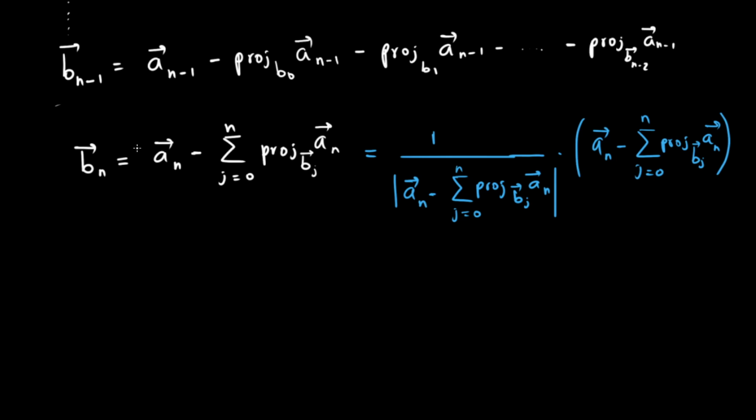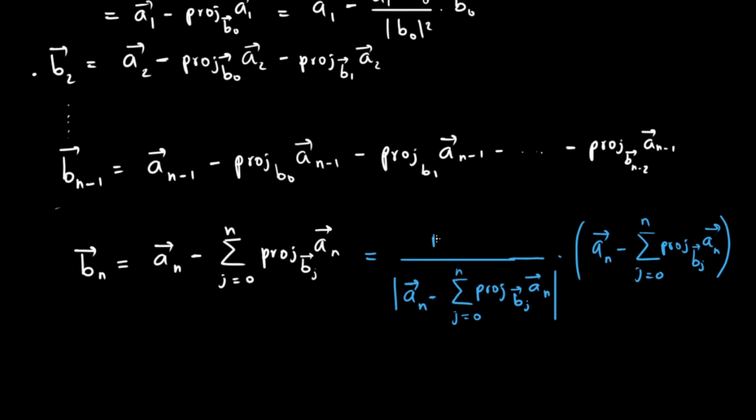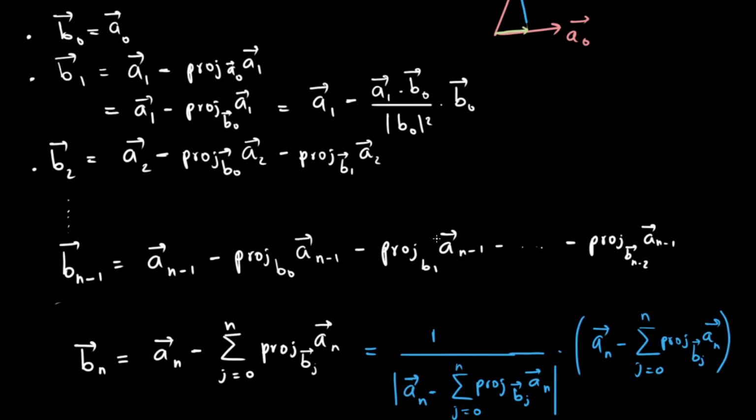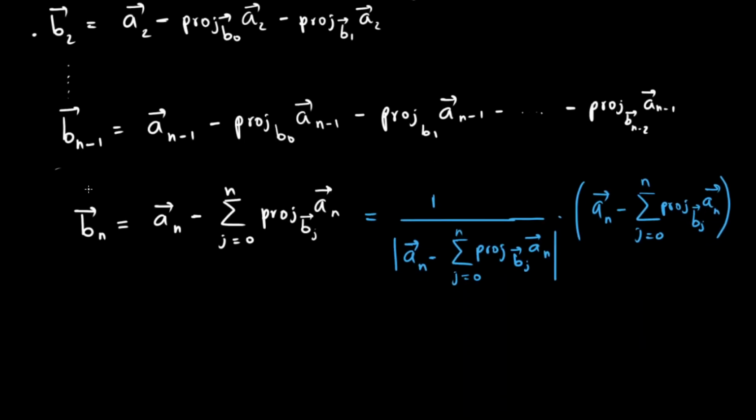If we did all the operations and then normalize it at the end, so if we find the orthogonal vectors and then normalize at the end, it should look something like this for the general case of n equal 1, 2, 3.